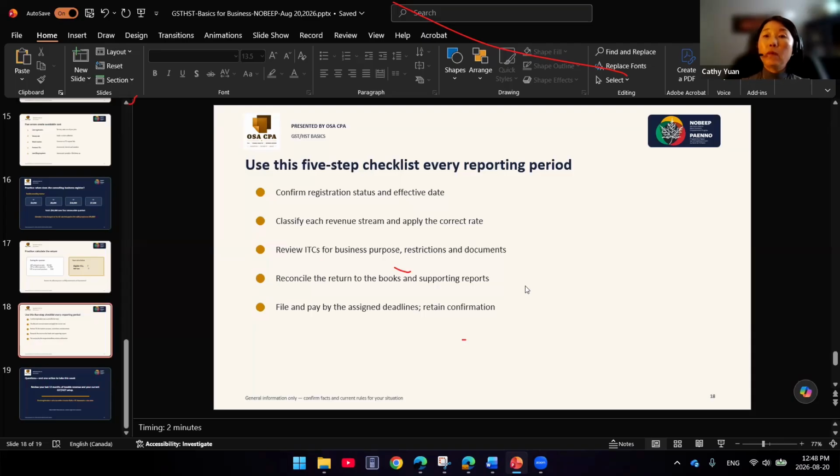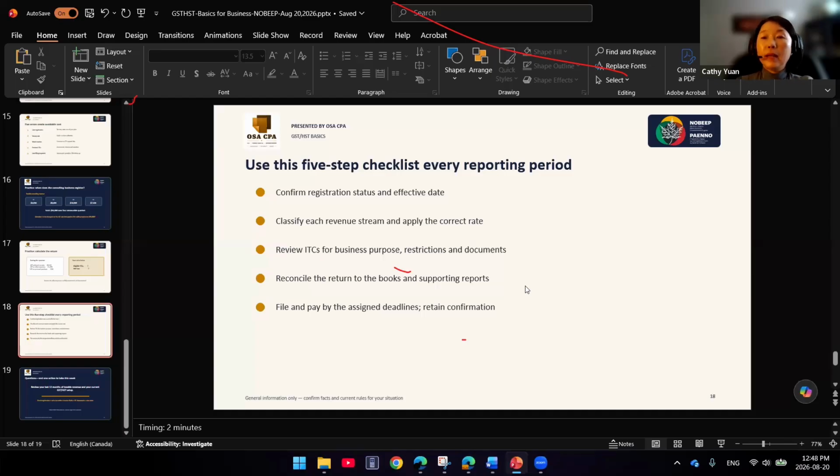When we have accounting software, we can set up the tax rate, and after that, every time we issue an invoice, it applies automatically. That's good.